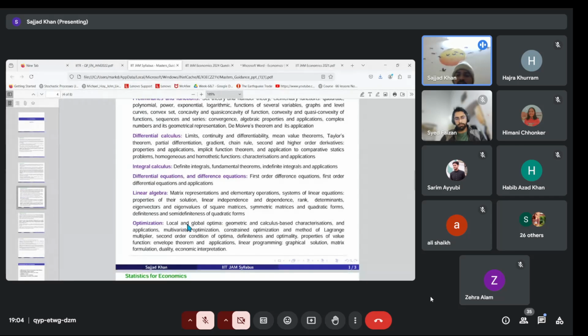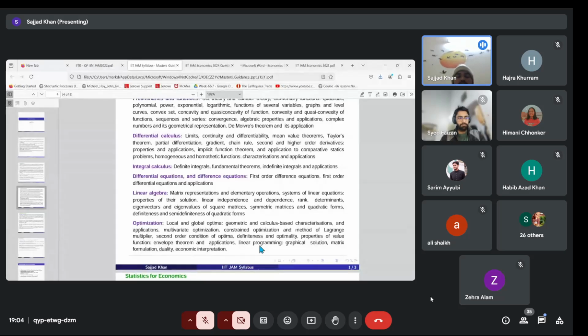Guys, I will recommend a book at the end, from which we should cover these topics. In optimization, linear programming is the most important. You need to know how to solve the dual and the primal type questions with the simplex method.